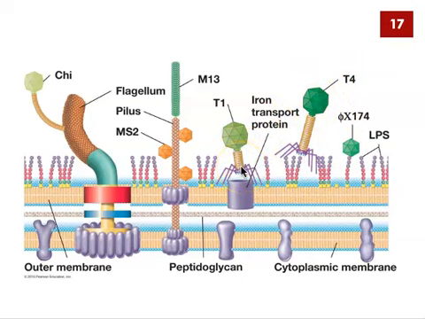Those are details you don't need to learn, but understand that there are different bacteriophages. So even though they're all similar in shape, they all have that same complex shape, there are different types of viruses that infect bacteria. Notice the size. This T1 bacteriophage is very, very small compared to what would be the entirety of this gram-negative bacterial cell.